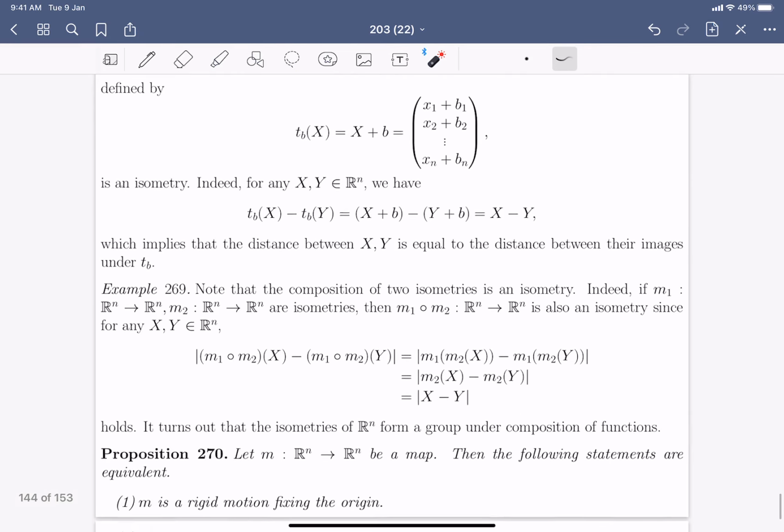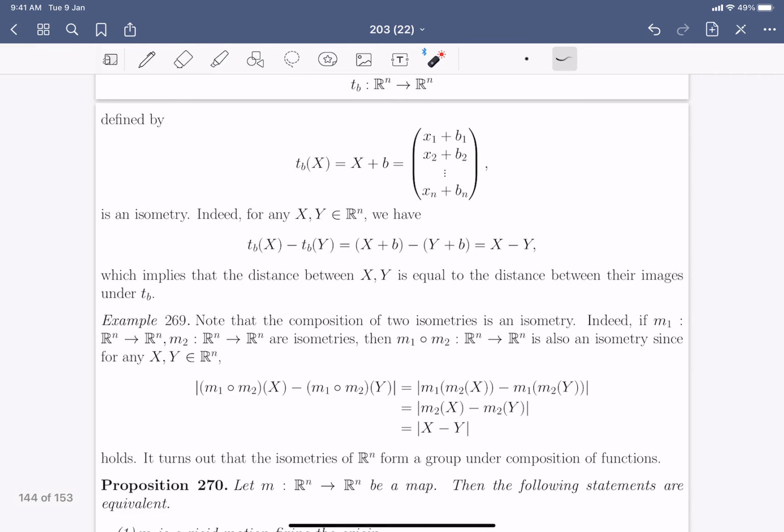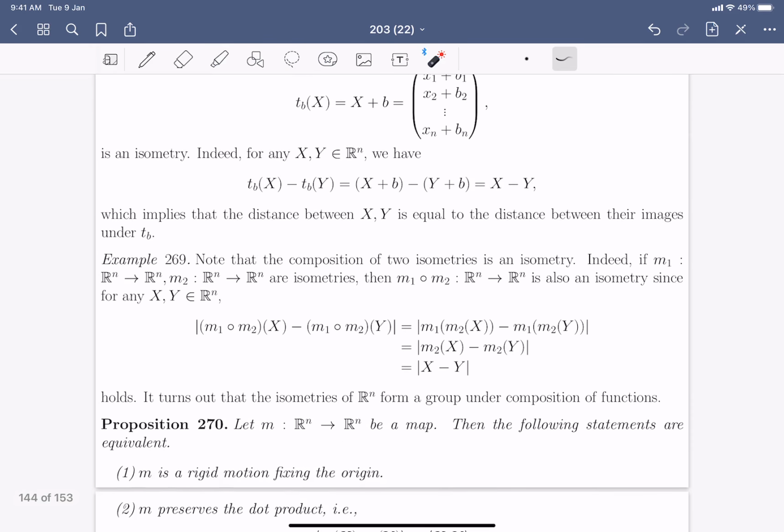Some further minor observations, but they are quite crucial. For instance, if we have two isometries, two distance preserving maps m1 and m2 from Rn to Rn, then their composition also turns out to be an isometry of Rn, as can be verified. If you look at the distance between the images of x and y under the map m1 composed with m2, then you are measuring the distance between the images of these two points m2x and m2y under the map m1.